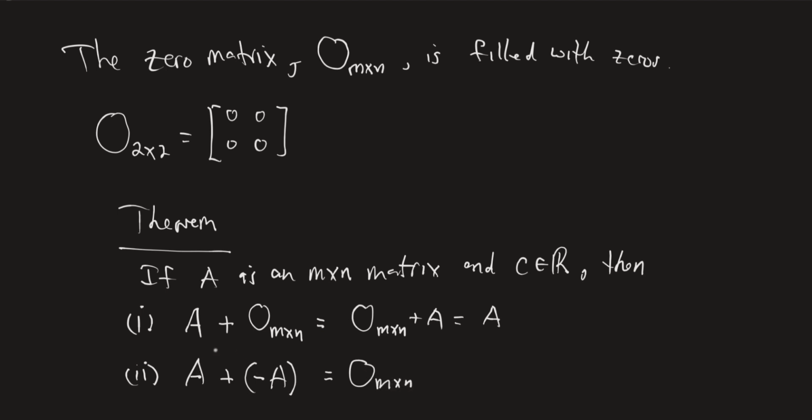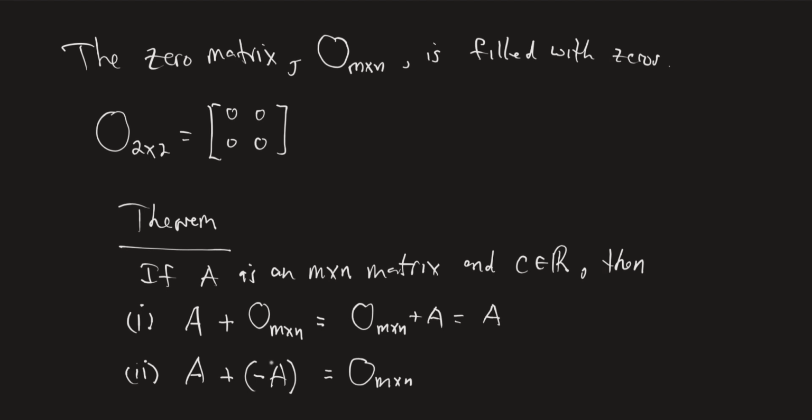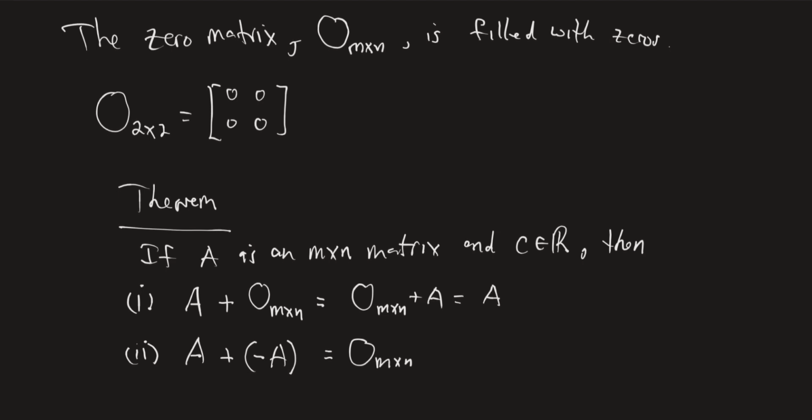And there is a word that we use to describe the relationship between a matrix and its negative. We refer to its negative as the additive inverse. So in fact, let me write that over here.